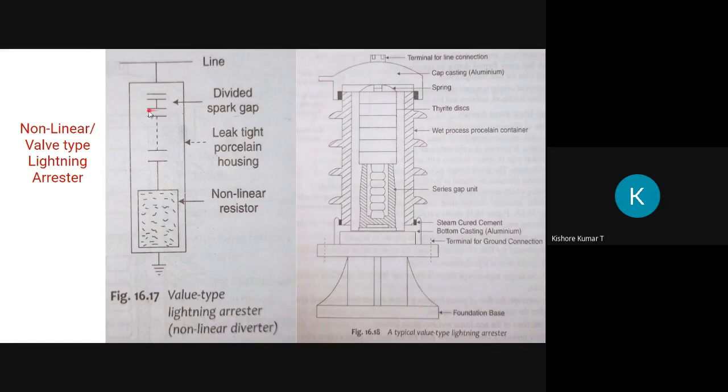These divided spark gaps are used to increase the length of the arc that is generated, due to which, after completion of the abnormality or the discharge, the arc will extinguish automatically and the system will regain its original state.